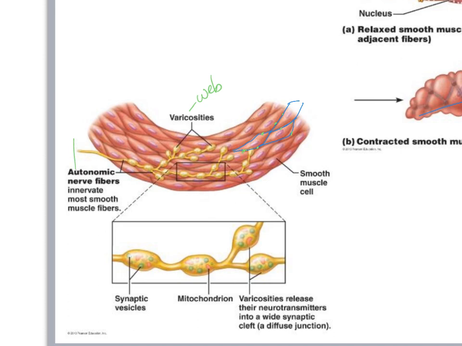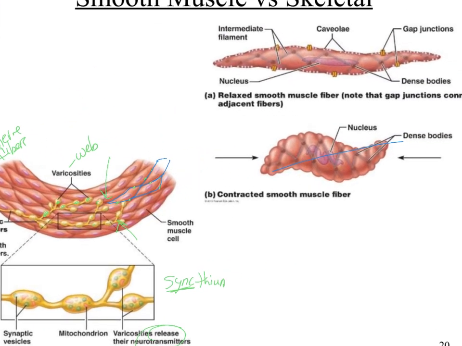But basically, I have autonomic, so these are involuntary nerve fibers that are going to come up to this smooth muscle. And they've got these little bulgy spots here. And all of these can trigger depolarizations in these areas by releasing these neurotransmitters. And because of the gap junctions, all of these will sync up and act as a syncytium so that all of these cells can contract as a single unit.